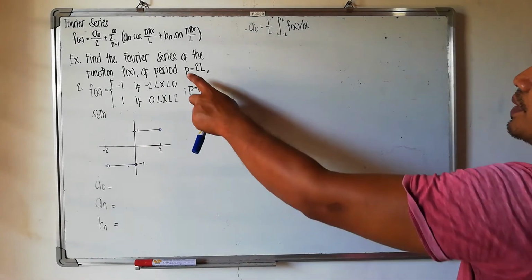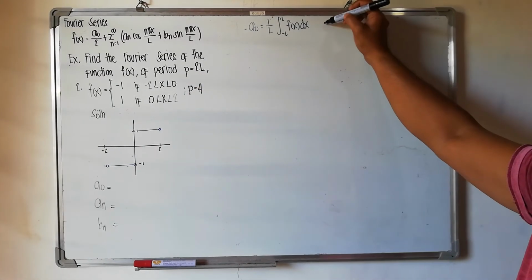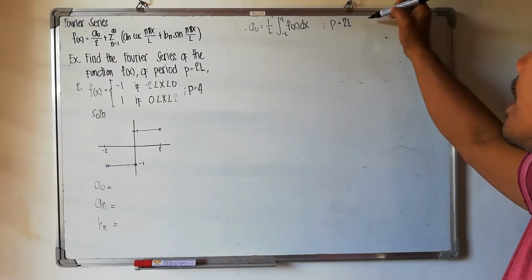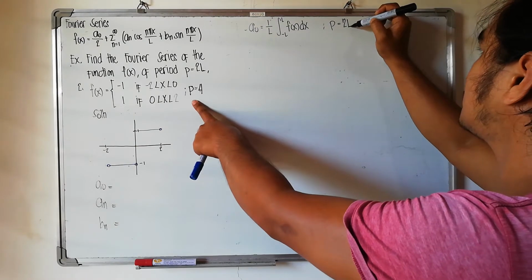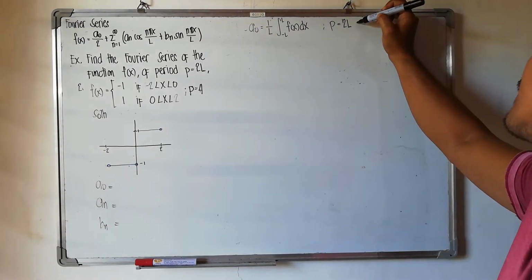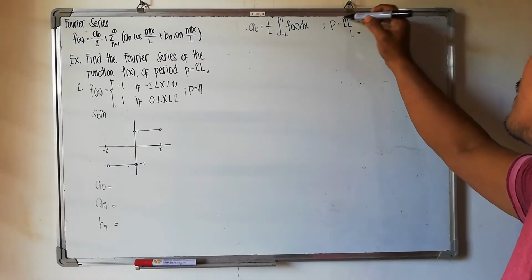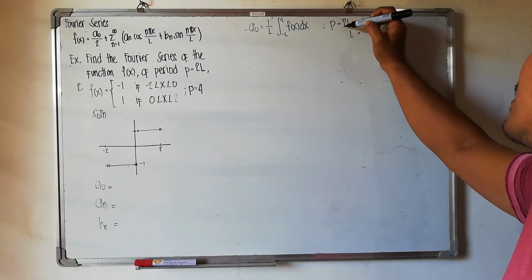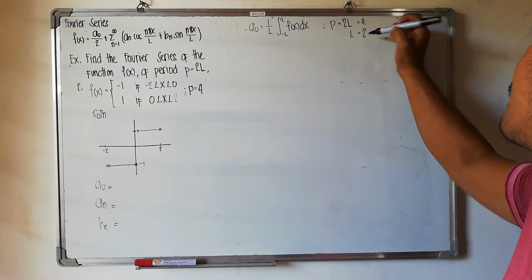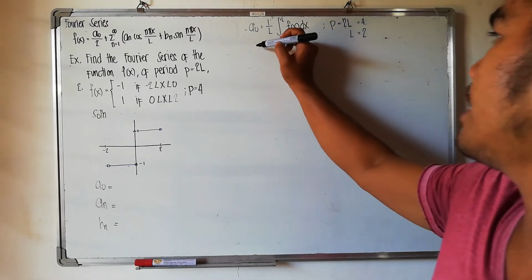Given that your period is equal to 2L, thus p is equal to 2L, and given that the piecewise function has a period of 4, therefore your L is equal to 4 divided by 2, so that would be equal to 2.